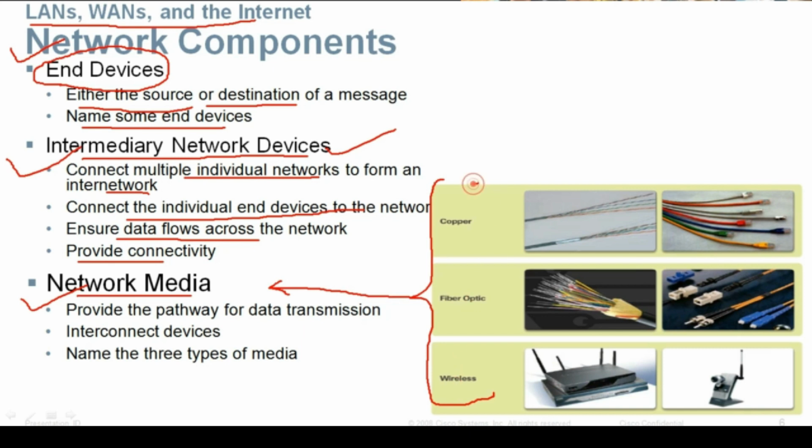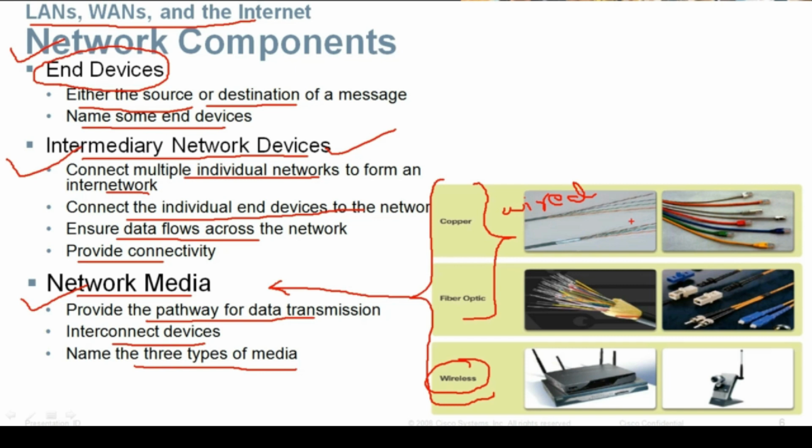Copper and fiber optic are considered wired network media, where you have the physical connection of cables, and this category is the wireless, through which we provide connectivity to the user through Wi-Fi. Network media provides the pathway for data transmission and interconnects the devices, and the three broadly used types of media are given here.